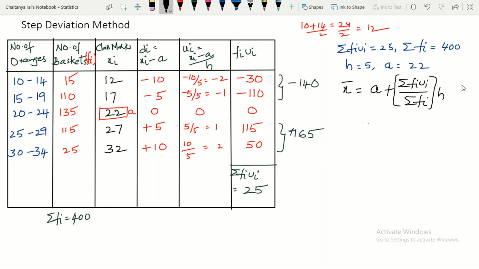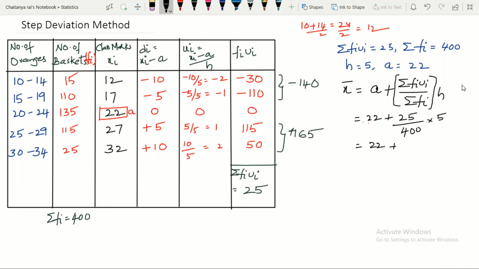So now we will substitute those values: a value is 22 plus 25 divided by sigma fi, which is 400, times 5. So we'll simplify this.